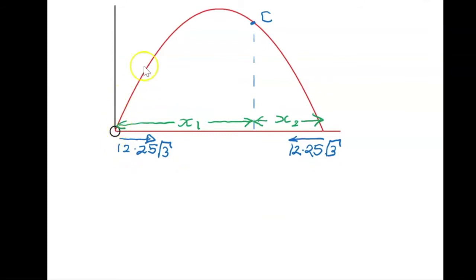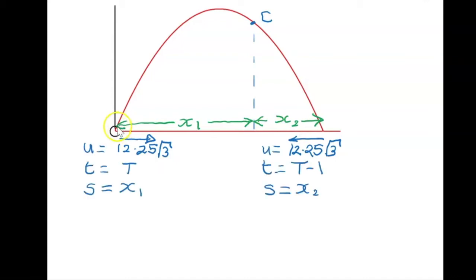So if we draw a diagram, one particle has a speed of 12.25 times root 3, which we found earlier, projected from here, and that's the horizontal component, and this one has the same component, 12.25 root 3. Let's imagine that the projectiles collide at C, so that this projectile would travel a distance x1 and this projectile a distance x2.